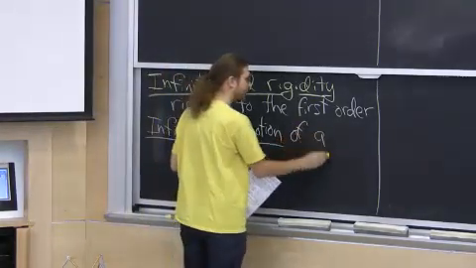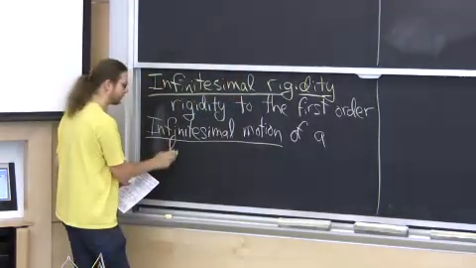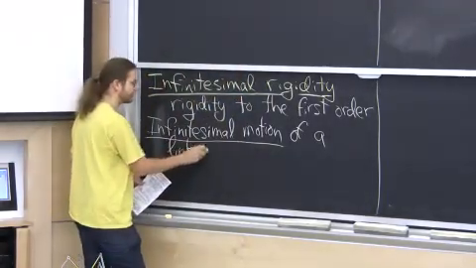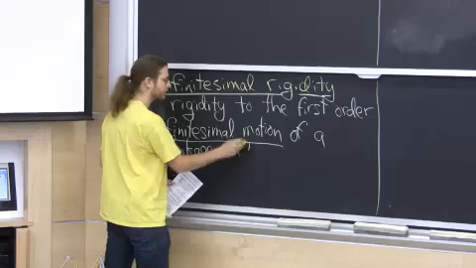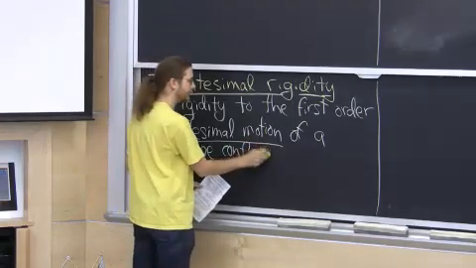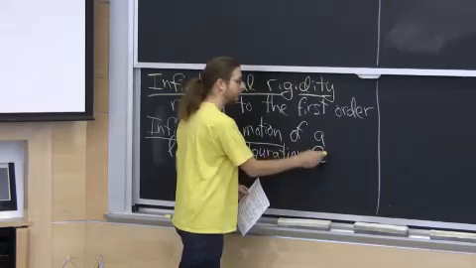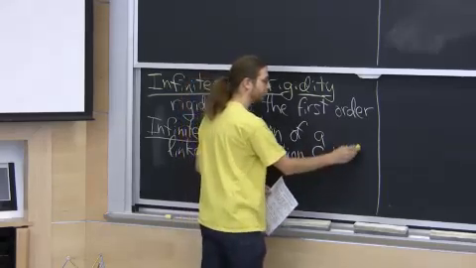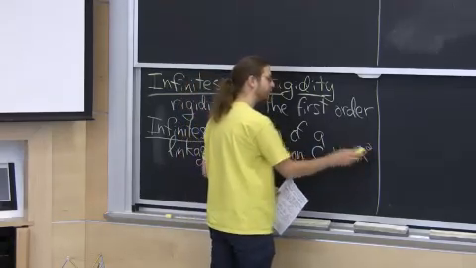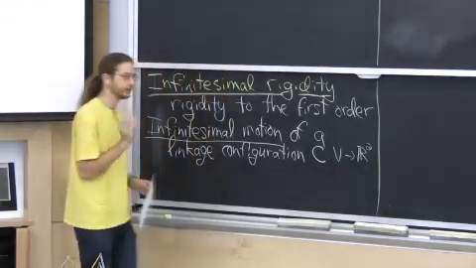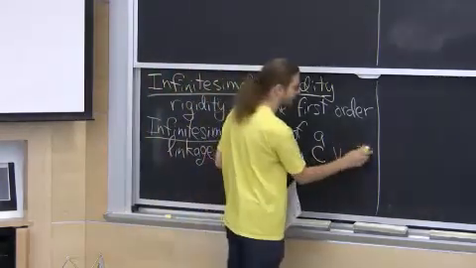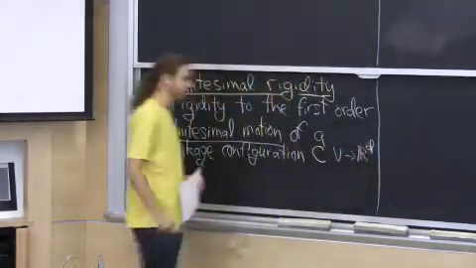Suppose we start somewhere, and somewhere would be a linkage configuration. That was a linkage, which is a graph with edge lengths, plus the configuration maps every vertex to a point. I'm going to assume we're working in the plane for now, but really this works in d dimensions.